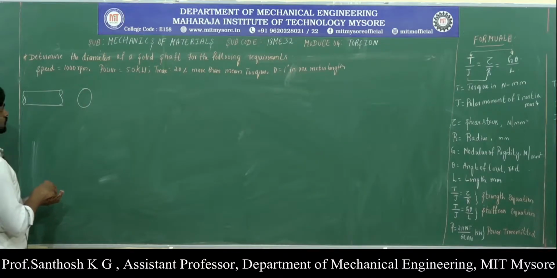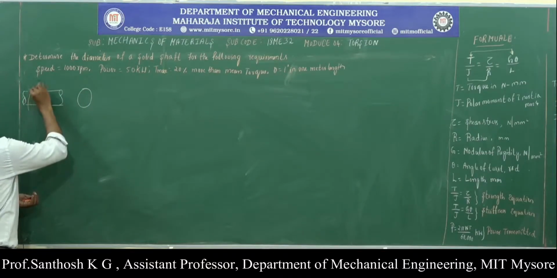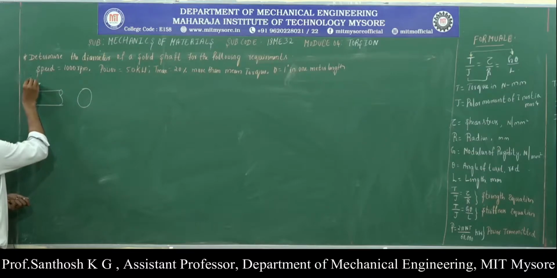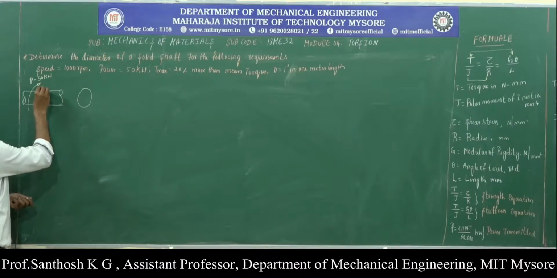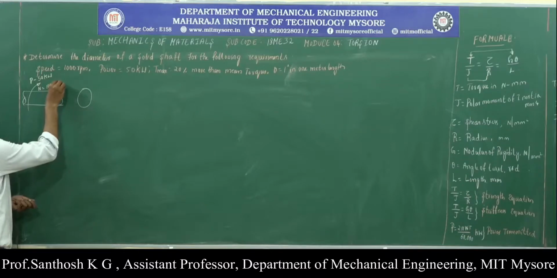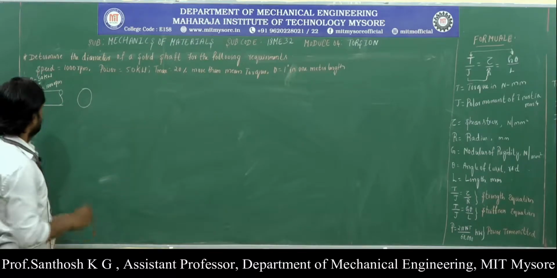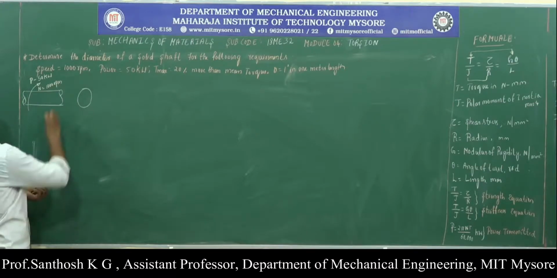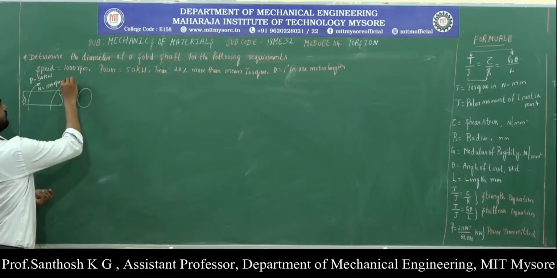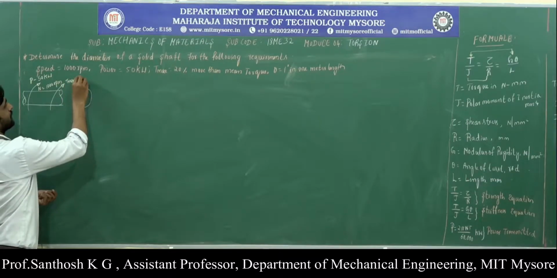This shaft should transmit a power of 50 kilowatt at a speed of 1000 rpm. Then the maximum torque the shaft will be subjected to will be 20% more.